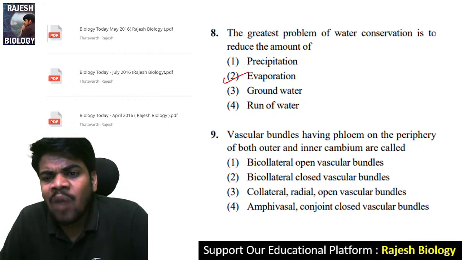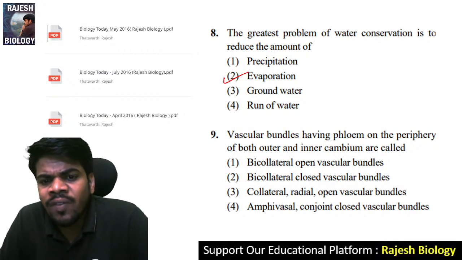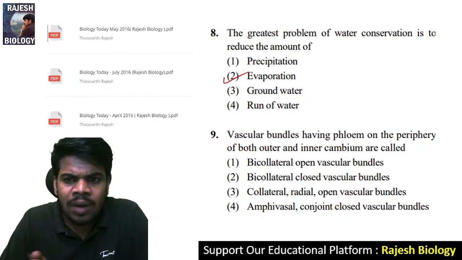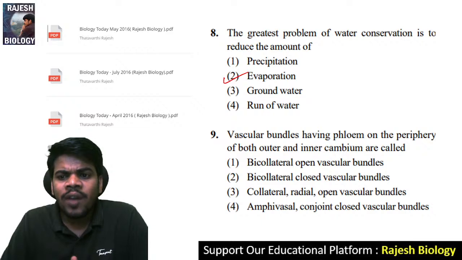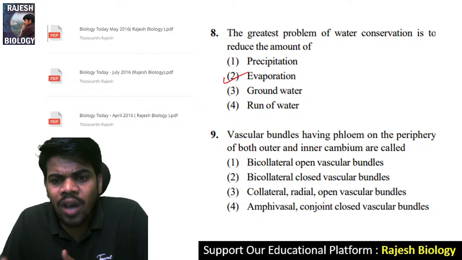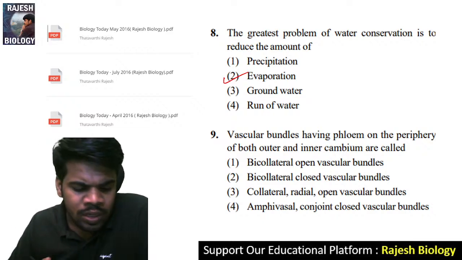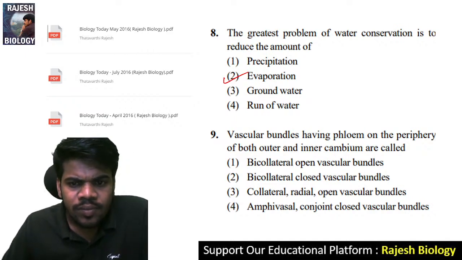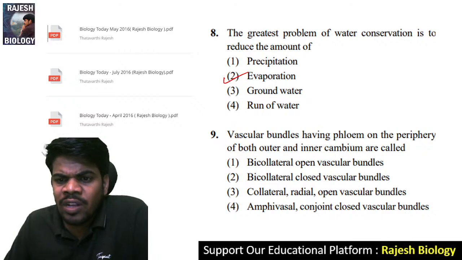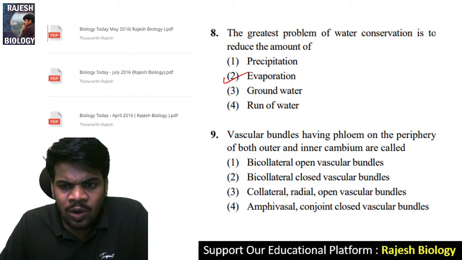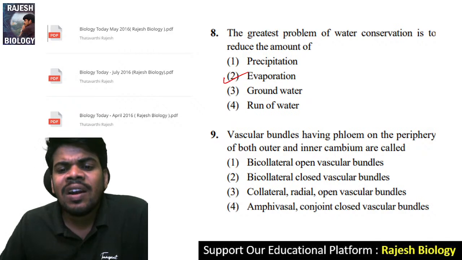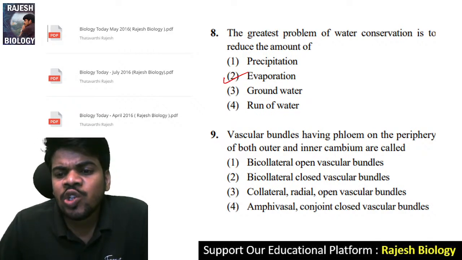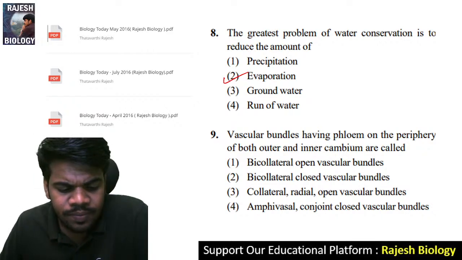Vascular bundles having phloem on the periphery of both outer and inner cambium are called what? Bicollateral open vascular bundles, bicollateral closed vascular bundles, collateral radial open vascular bundles, amphivasal conjoint closed vascular bundles.